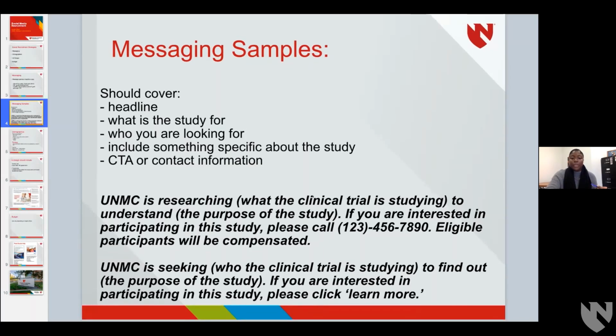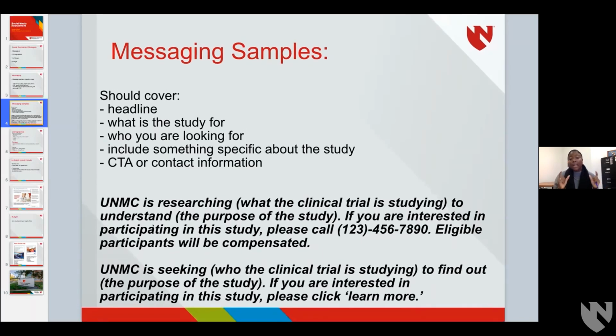So in the bold, these are the ad copy that I've created as Mad Libs, where our researchers can just go ahead and fill in the blank. If you want to, you can take a screenshot of this, or I can always share this PowerPoint later as well. These two are the main ones that we use, and we feel like it's worked because it gets the basic information across and lets people know what exactly they need to do in order to contact the researcher.